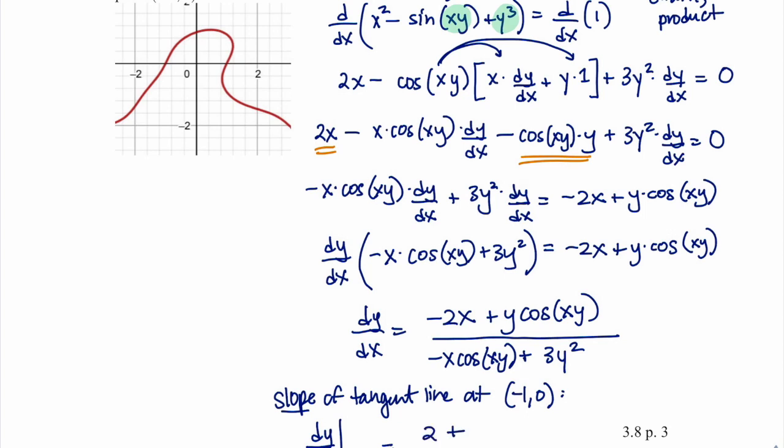We're filling in 0 for y, which means we'll have 0 times cosine of 0, which will just be 0, divided by, let's see, we have a negative 1 for x, so 1 times cosine of 0 plus 3 times 0, which would be 0. Cosine of 0 is 1, so this is going to simplify to 2 over 1. So we're coming up with a slope of 2, and we actually want the equation of that line.